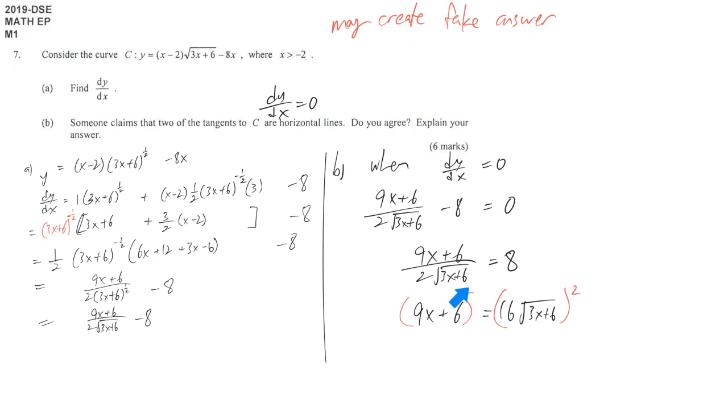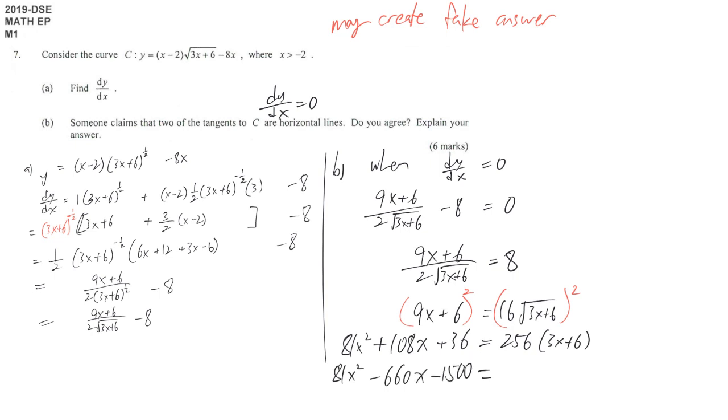It's because the action of squaring totally negates the effect of the sign. That's why we need to verify our answer after we solve, if you ever square both sides. So we have 81x squared and then plus... We have a quadratic equation, then we can solve it.